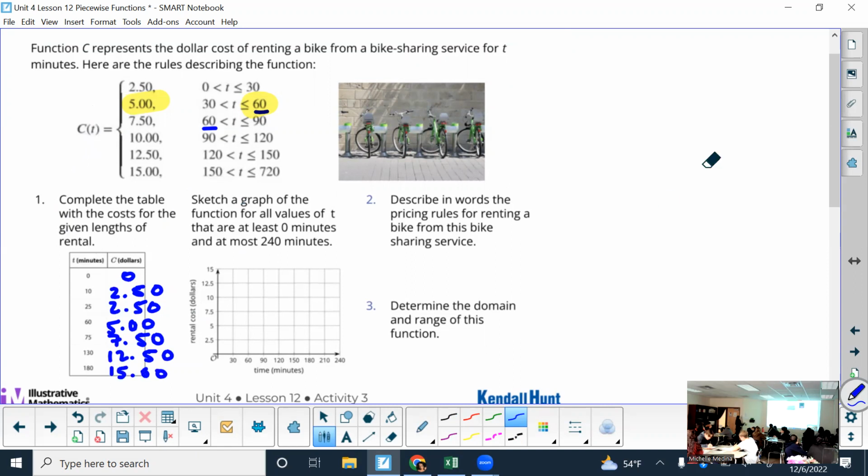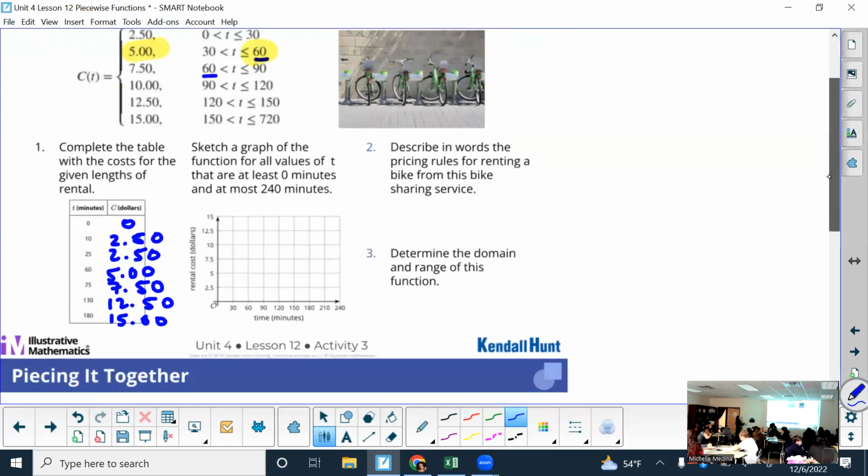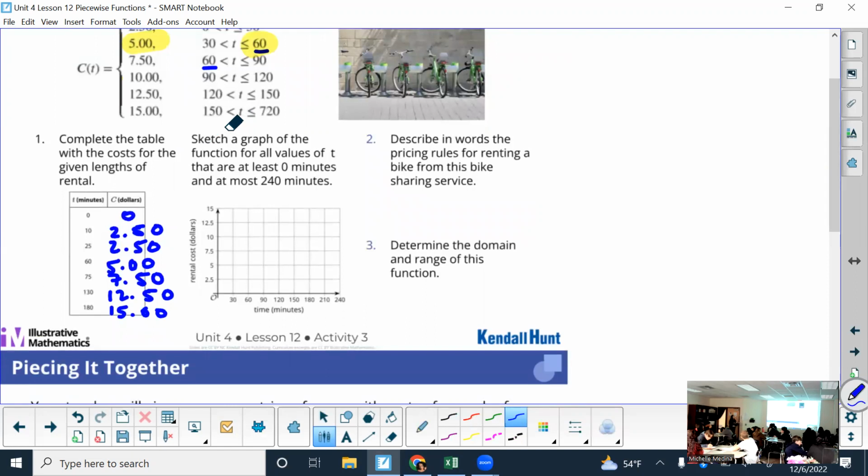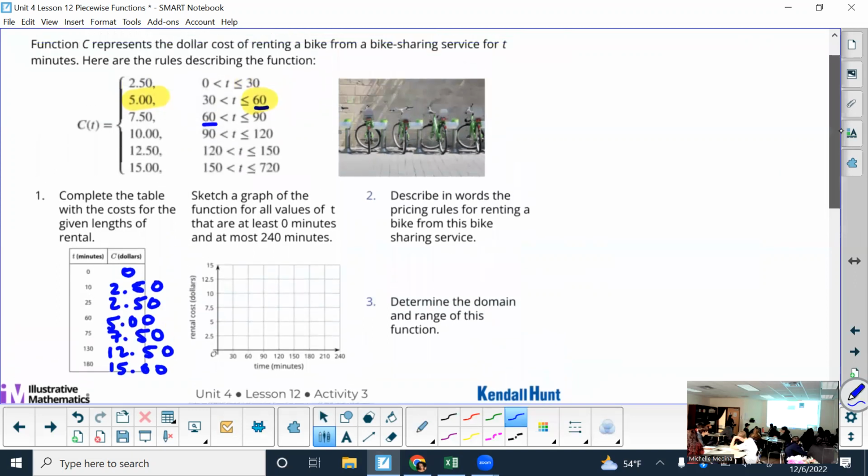Good. Now the next part, which you'll also have to do on your test on Thursday. Sketch a graph of the function for all values of t that are at least 0 minutes and at most 240 minutes. Guess what we are going to use to graph this?